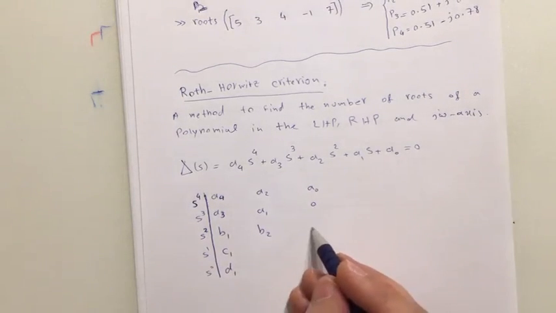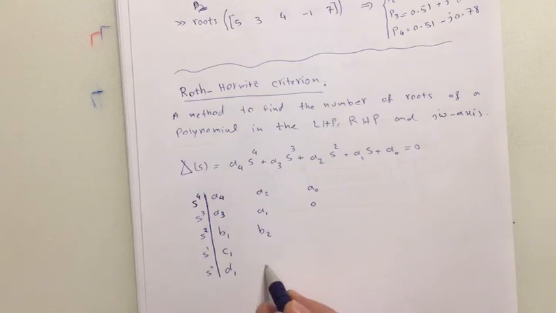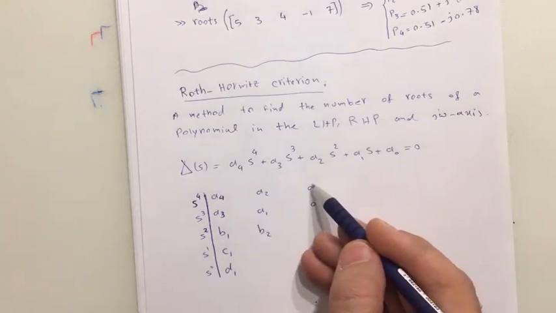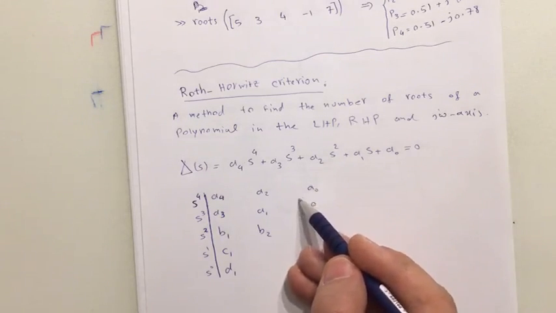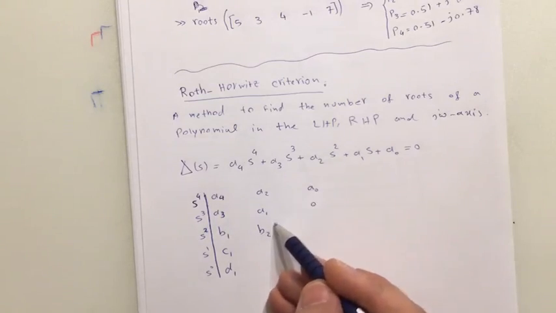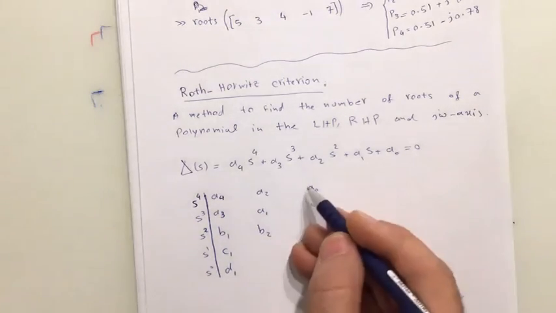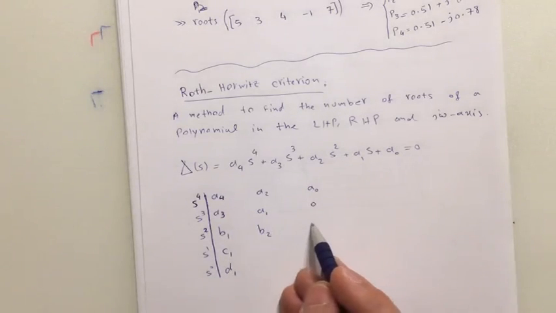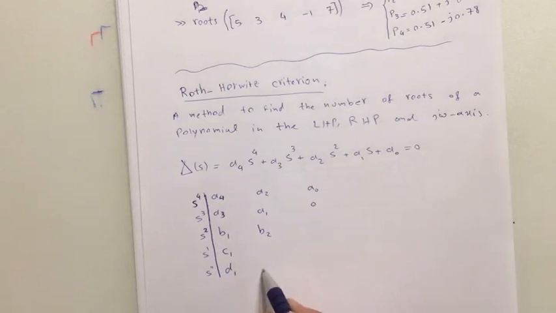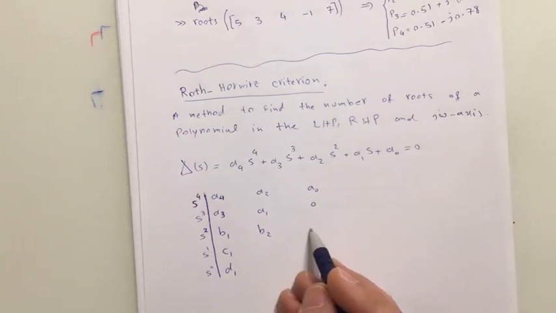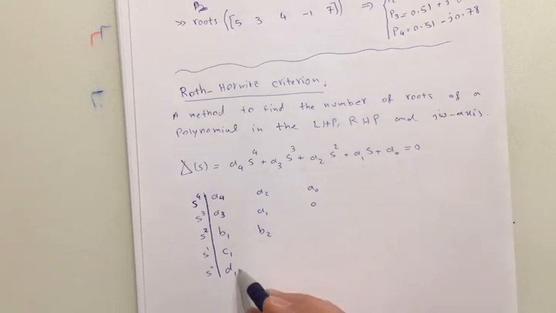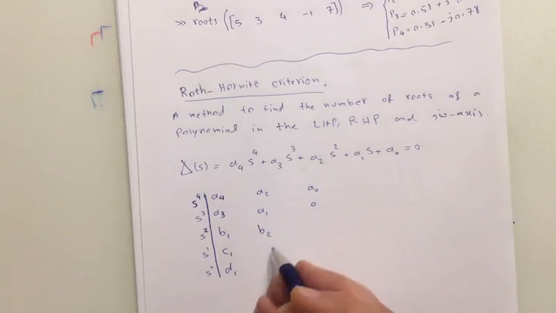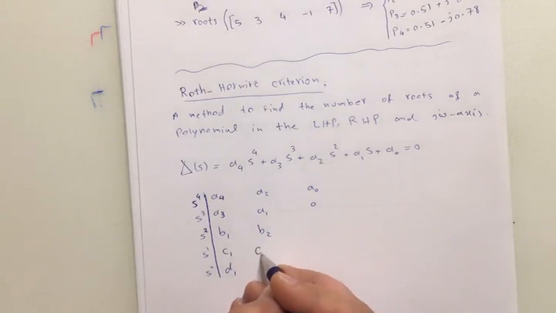I don't write b3 here, or for example c2 and d2, because this table is kind of a rectangle. If you draw a rectangle here, the elements to the right of b2 are 0, and this one would be 0 too, so you don't need to write that. We will see that later. Even if you want to write it, it would be 0. If I assume that we have a c2 here as well, I will show you that c2 is 0.